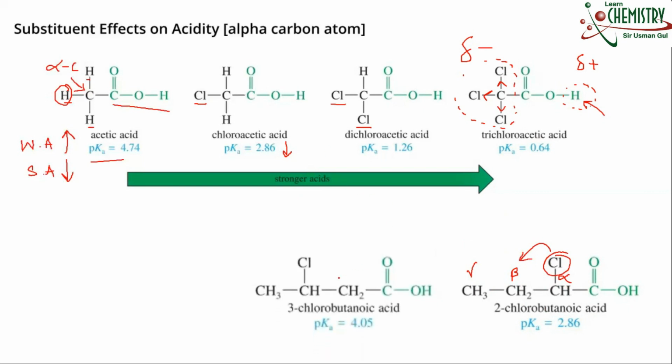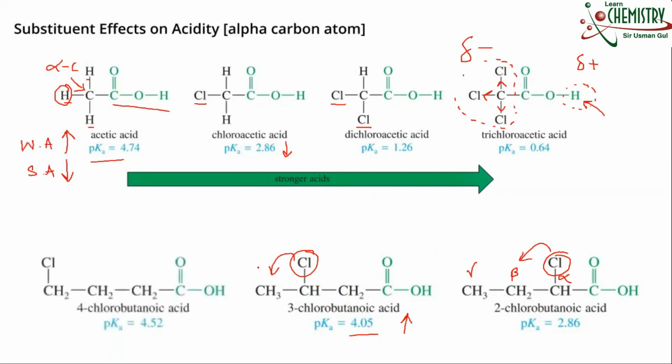Now you can see, previously it was 2-chlorobutanoic acid, now it becomes 3-chlorobutanoic acid. Because of this change, the pKa value increases. It means it becomes a weaker acid. With this trend, if I move the chlorine further along the carbon chain, what do you think will happen?